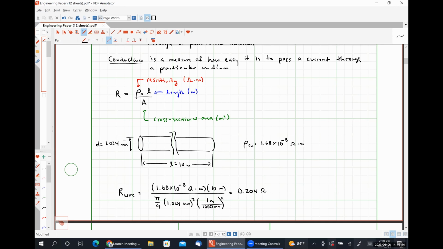If it were 10 centimeters, it would be 0.002. So it would be roughly 2 milliohms of resistance for something that's 10 centimeters long, which is about 4 inches, give or take.